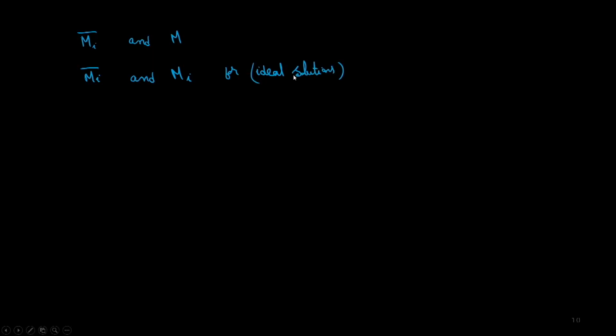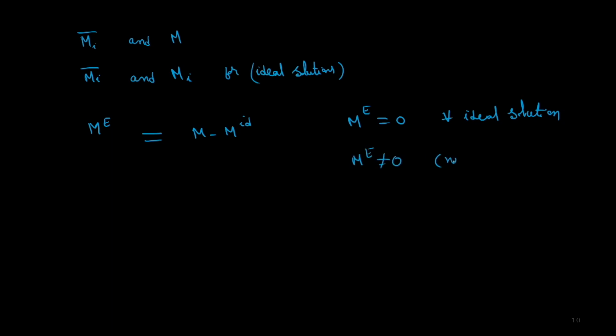So I know how mi bar is related to mi for ideal solutions. In addition, we have also defined a quantity known as the excess quantity, which is m minus m ideal. So mE will be 0 for all ideal solutions because of this definition. And if the solution is non-ideal, mE is not going to be 0, or at least some of the mE's are not going to be 0 for non-ideal solutions.